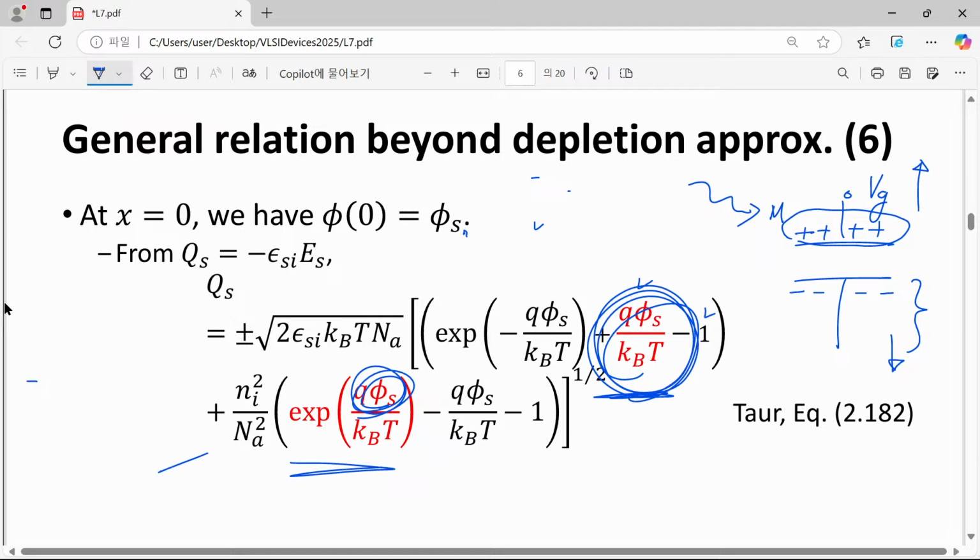It means that in this MOS system, we have two different mechanisms. The first one is linearly dependent, at least in its square-rooted sense, on surface potential. And this one is exponentially dependent, but its starting point is far behind this number.